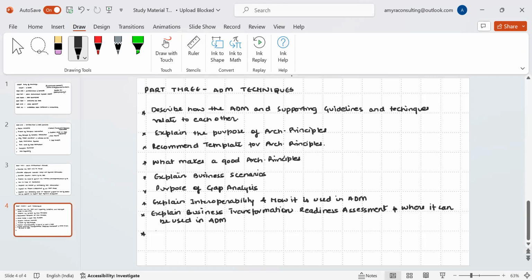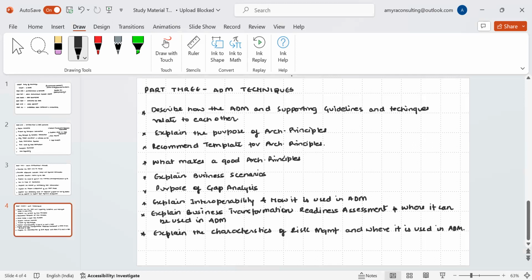Lastly, you should be able to explain the characteristics of risk management and where it is used in ADM.